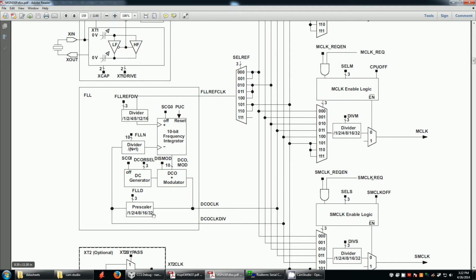So think about this as kind of an overflow for this FLLD divider. This N+1 is your higher resolution division, and this is just a 3-bit binary power of 2 divider, just like normal clock dividers. And so you basically tune this up so that you keep dividing by more and more until you get under 512. And once you're under 512, you can then set this to that number, and it'll divide the signal the rest of the way to be even to your reference clock.